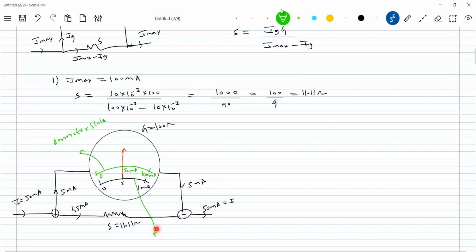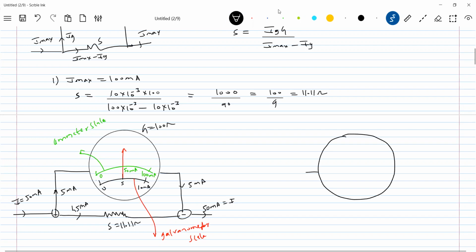If I close that, then what will be visible? Only the ammeter scale. If I send 50 milliampere, the pointer will be at 50 milliampere. If I send 10 milliampere, a similar diagram. This is the construction.